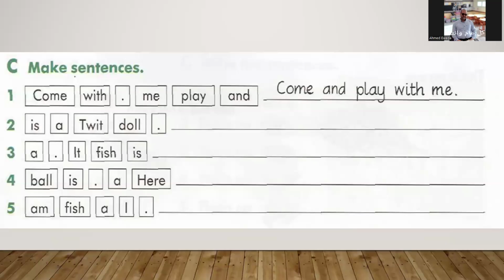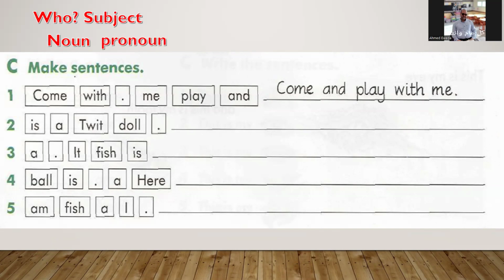The last exercise is to put the words in the correct order. How can we remember the rule? The first thing to remember is the subject, who. Who did the action? The subject could be a noun like Twit, Terry, fish, ball, and then you can also use pronouns, he, she.